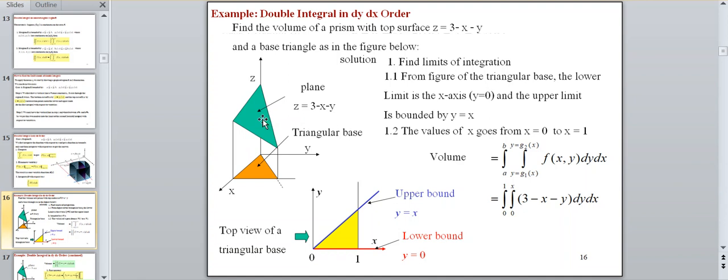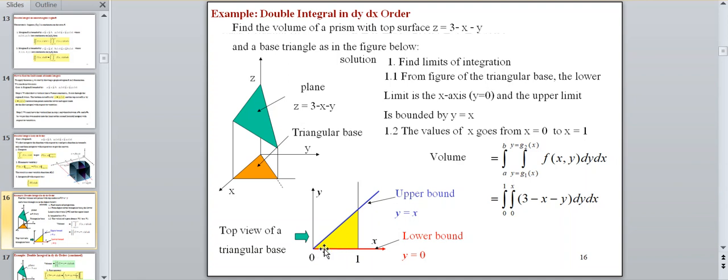So the volume of this prism equals the double integral of this function on this triangular region R. This function on region R is positive because the surface is located above the x y plane. So we have to describe the region R, then set up the integral, and then solve it.